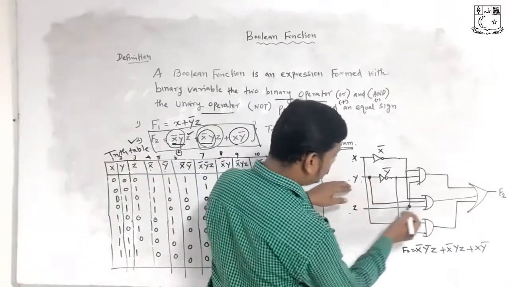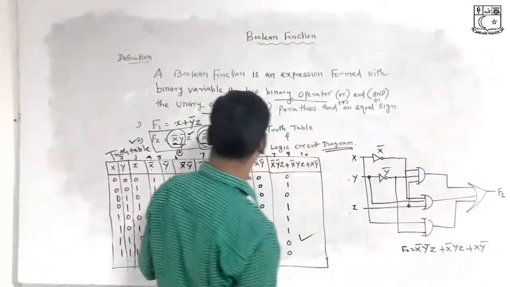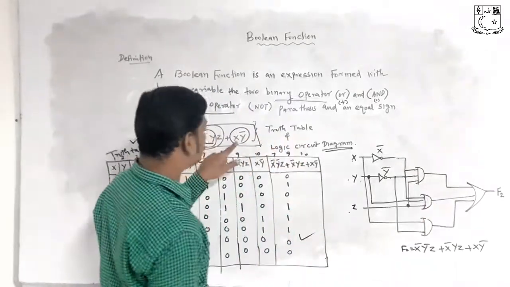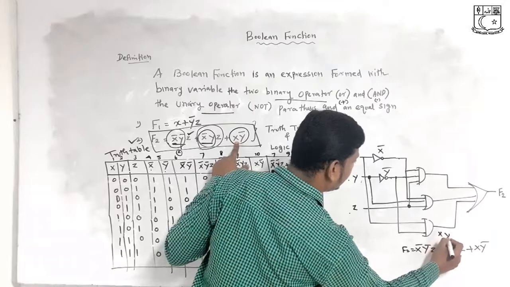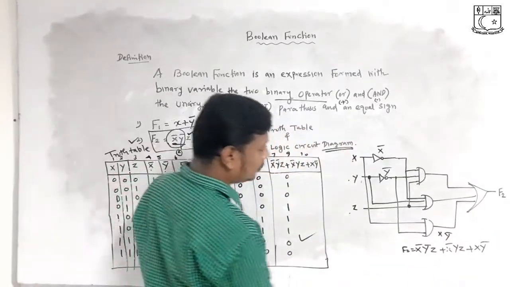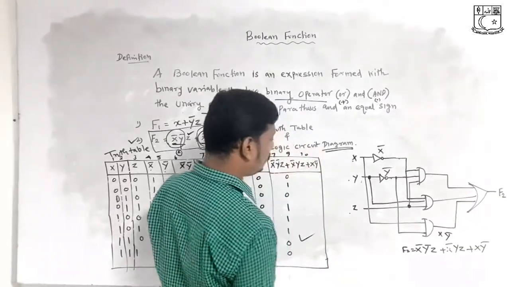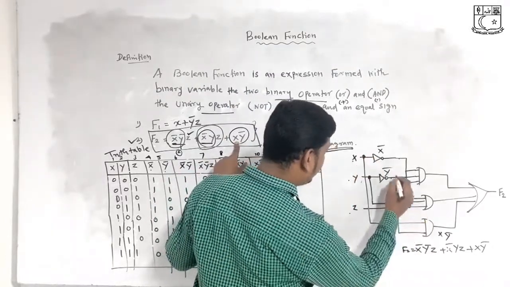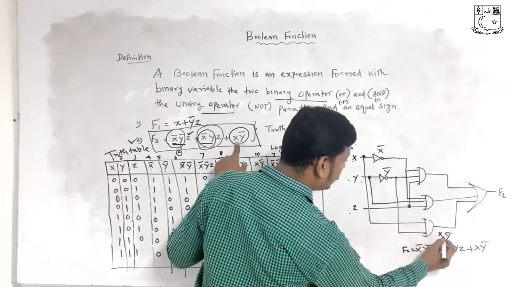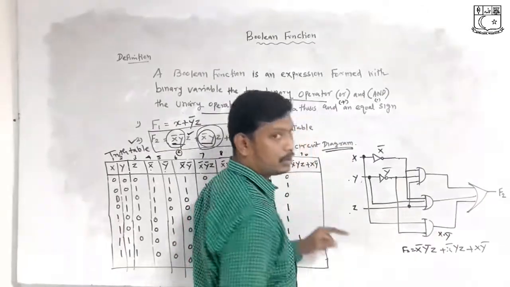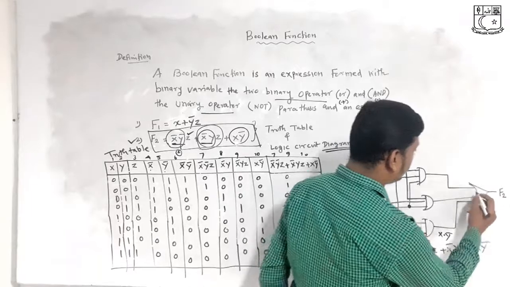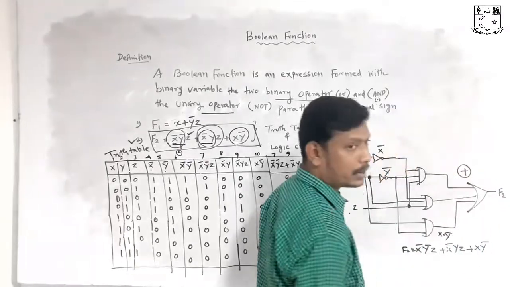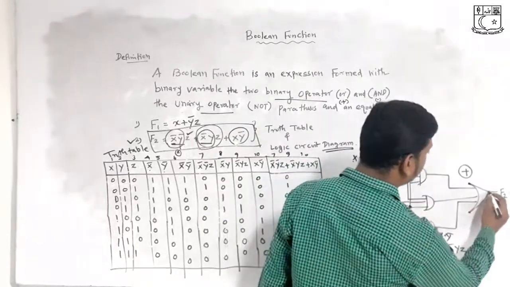Then x bar y z, and last x and y dash, each with an AND gate. Finally F2 is the sum of these, so an OR gate is used for F2.